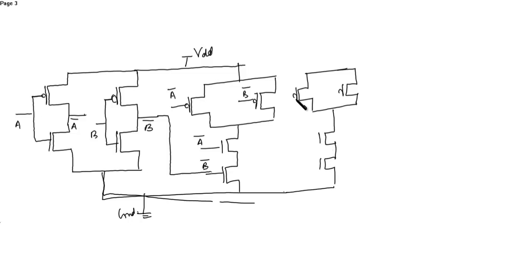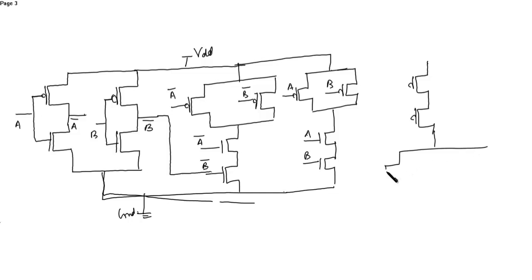Okay, here it's A, B, this is A and this is B. Then we need an OR gate where the PMOS are in series and the NMOS are in parallel.